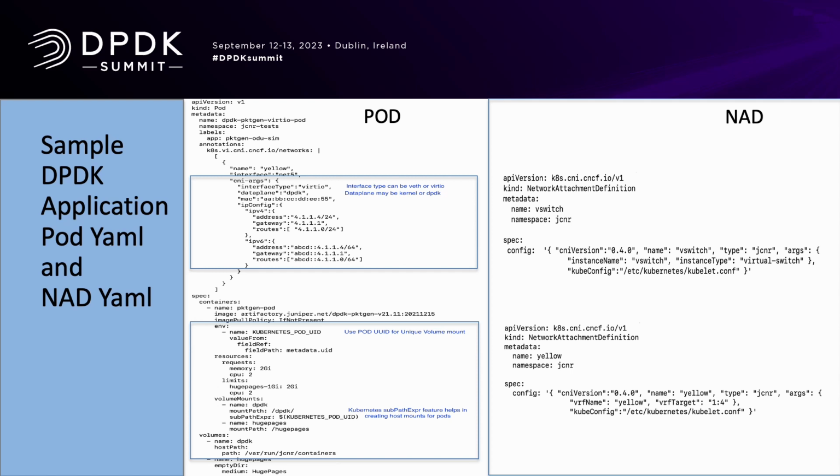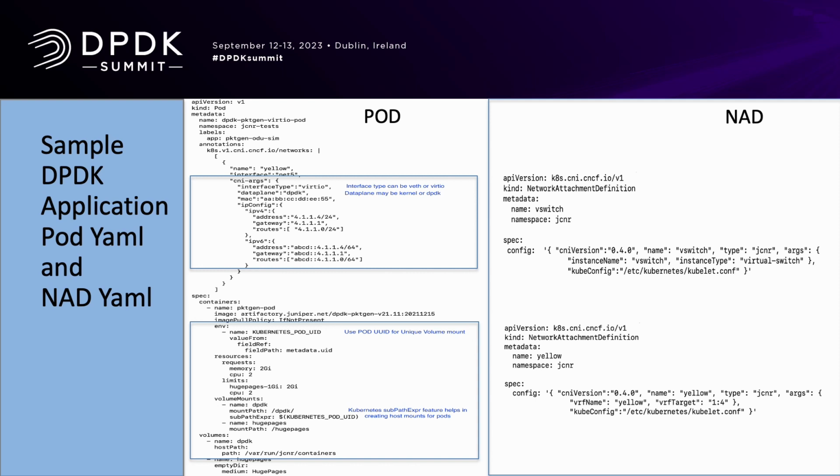This tells the CNI what type of interface to work with, whether you want to use the interface type as VirtIO or you want to create and configure a non-DPDK based vETH interface for an application in the pod. The IP address allocation is shown as static here, but we can integrate with any other IPAM and do dynamic IP allocation directly.